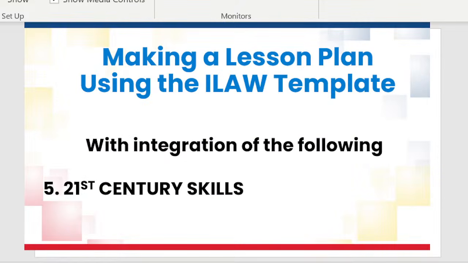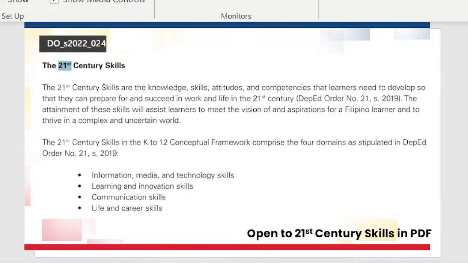Then we have the 21st century skills. These are the knowledge, the skills, the attitudes, and competencies that learners need to develop so they can be prepared for and succeed in work and life in the 21st century. There are four domains of the 21st century skills.